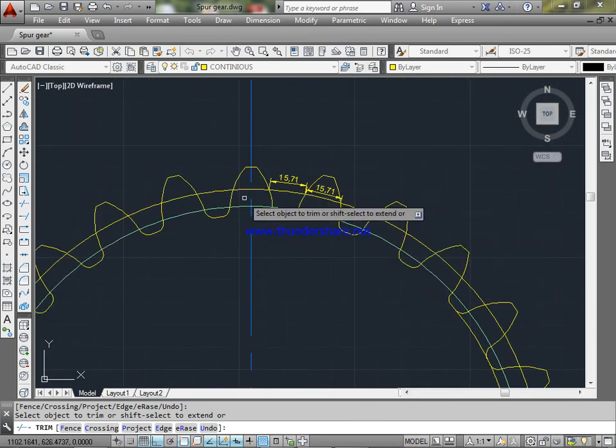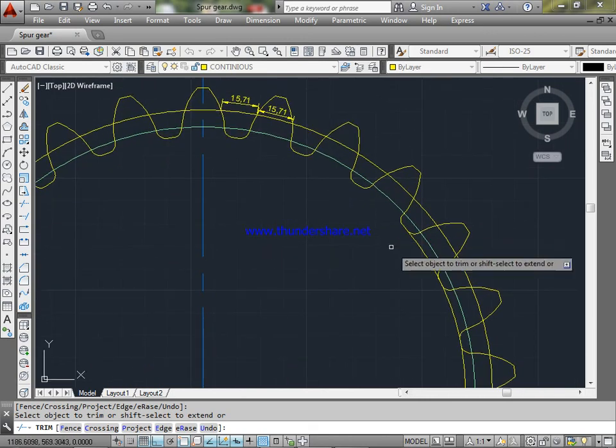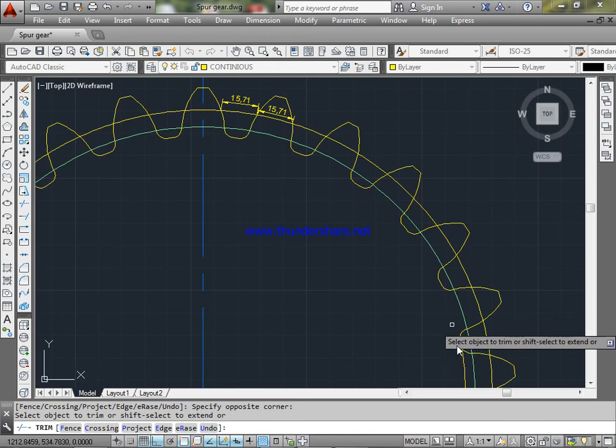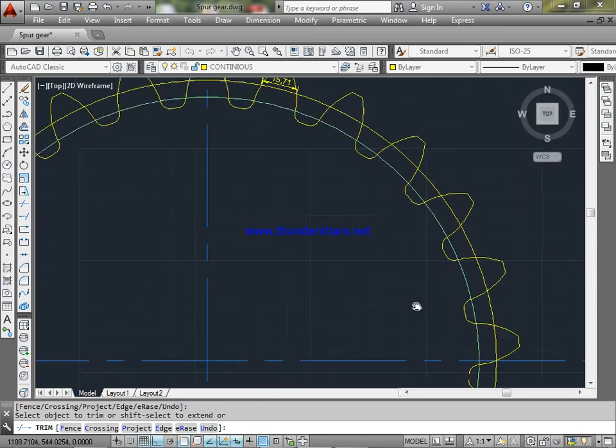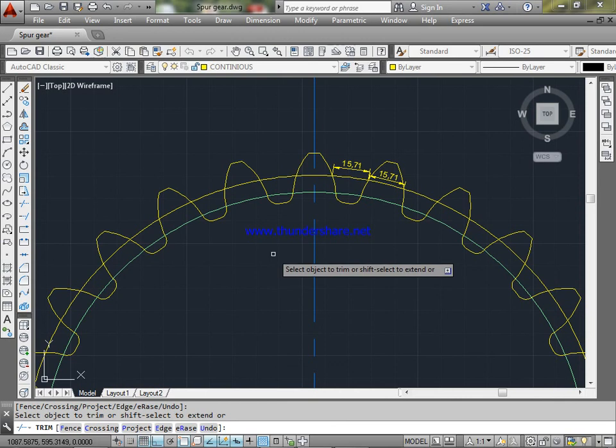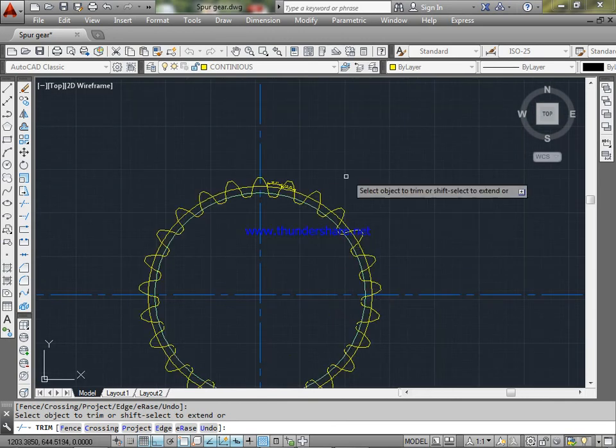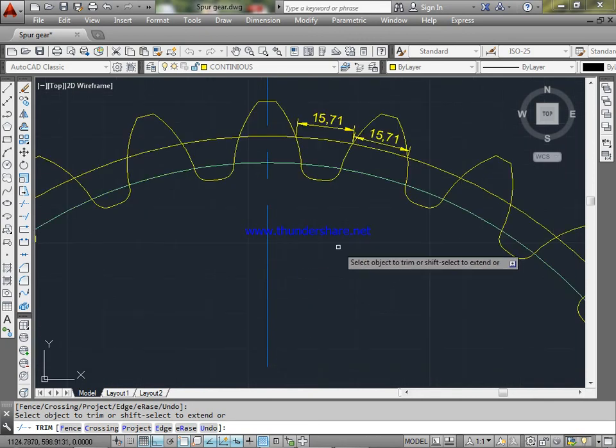Okay. Almost completed. So we discussed how to draw the involute tooth profile of a spur gear in the pressure angle method. Goodbye everybody.